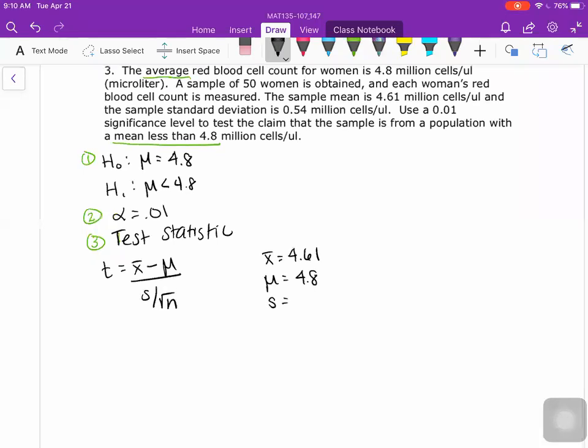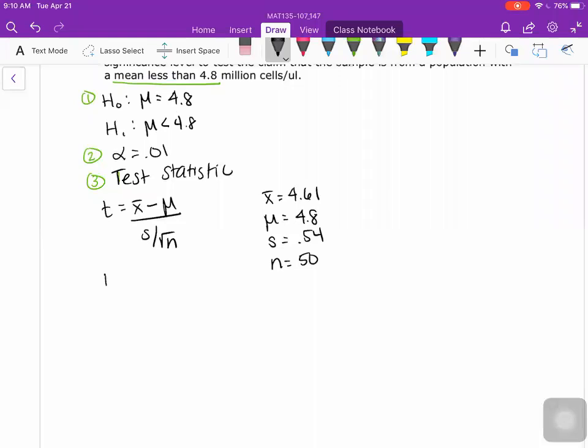The sample standard deviation was 0.54, and our sample size was 50. Using our calculator to evaluate this, our test statistic is t equals negative 2.49.